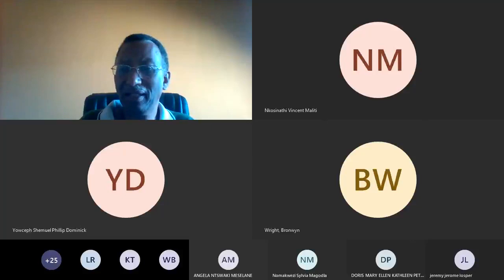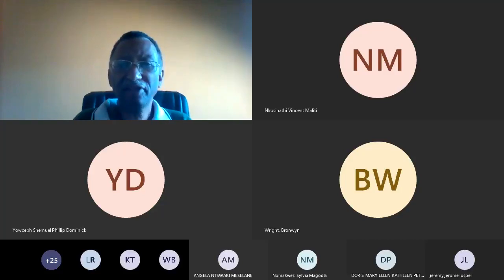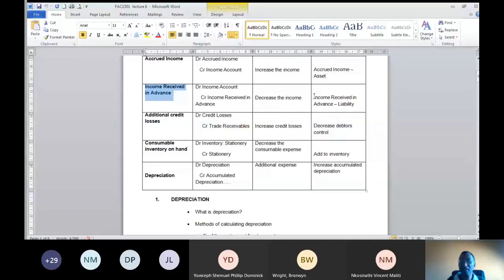When we record the income received in advance now, guys, in the books of the business, income received in advance is classified as a liability. You credit income received in advance, and you will have to debit the income account. The impact on your statement of profit and loss is that the income account will have to decrease.